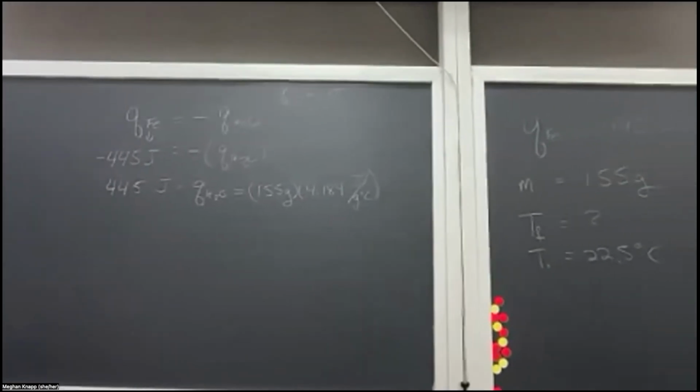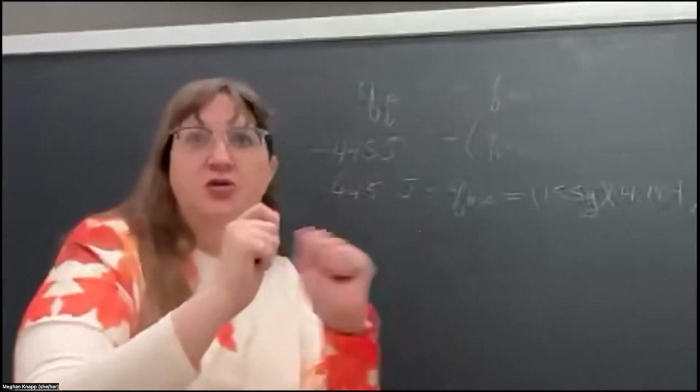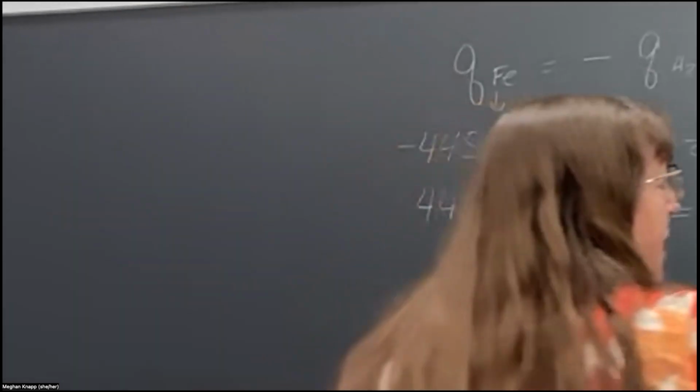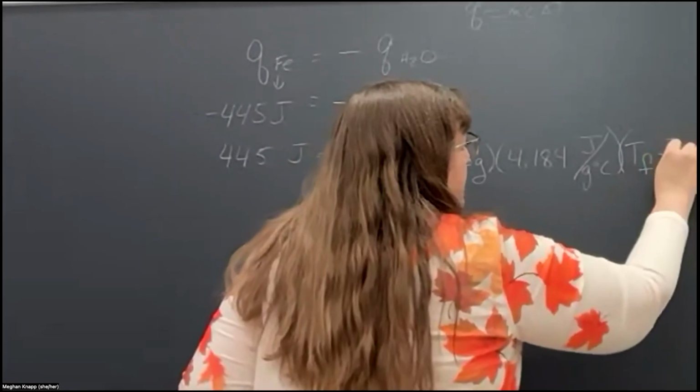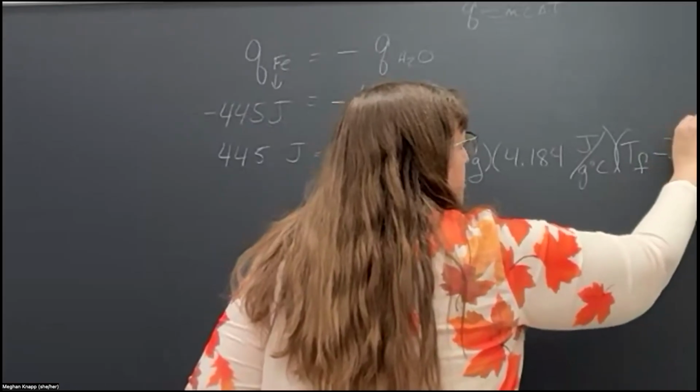It's just they're shifted down the scale. So when we're subtracting the two numbers, the difference will be the same. And then we're looking for T final. So T final minus, I didn't leave myself enough room, 22.5.